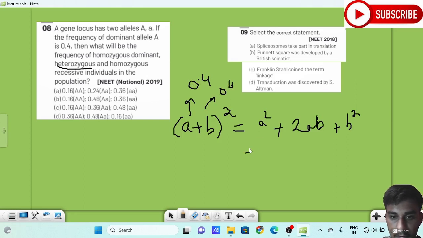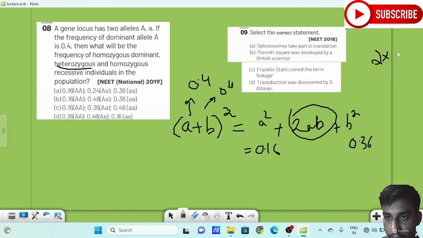So here it becomes 0.16 for a square, here 0.36 for b square, and here a into b, which means ab, 2 times we should take ab.